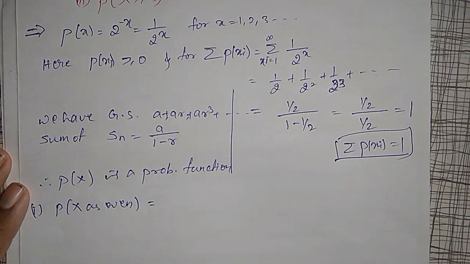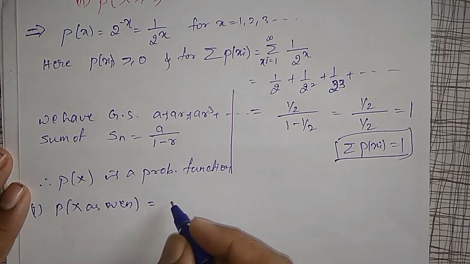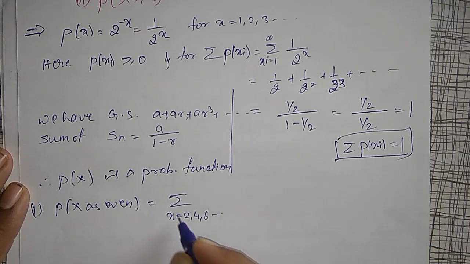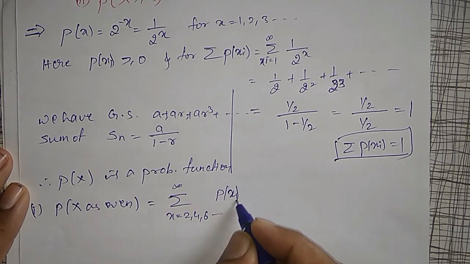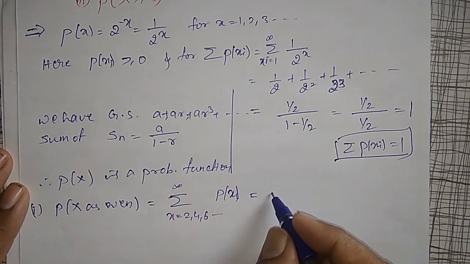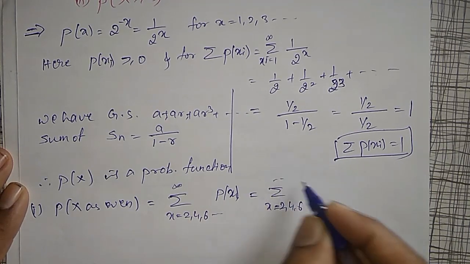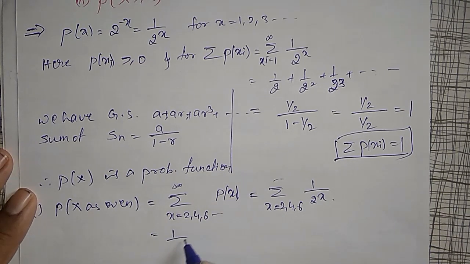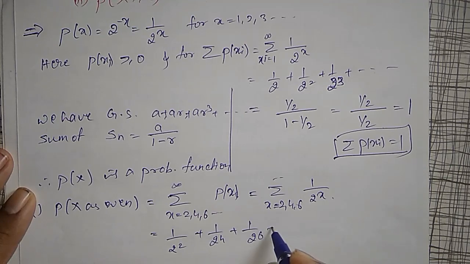Then, using this, I will solve for p of x being an even number. Here x is an even number, that is, the summation for x equal to 2, 4, 6 and so on up to infinity of p of x, which is equal to 1 by 2 raised to 2 plus 1 by 2 raised to 4 plus 1 by 2 raised to 6 and so on.